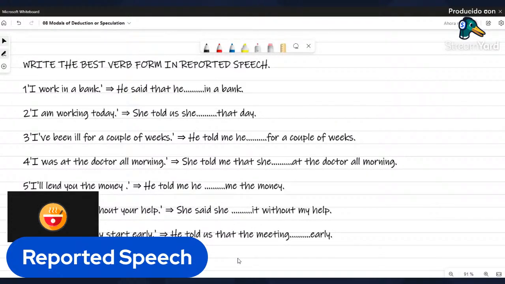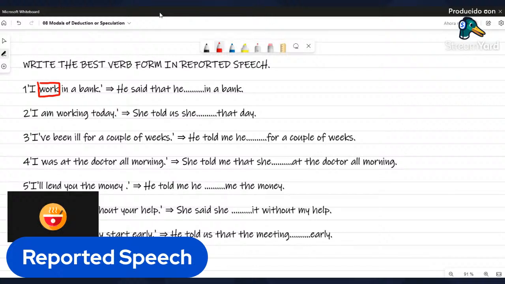Yes. For example, we have the first sentence. It says, I work in a bank. And as we mentioned before, we cannot use the present anymore. We have to go back in time. Yes, because that person already said it in the past.